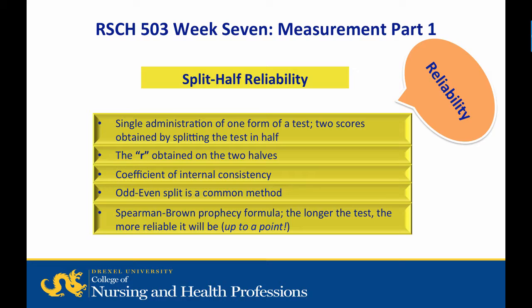This R is a correlation coefficient of internal consistency. The most common means of splitting a test or instrument is the odd-even method. A statistical technique called the Spearman-Brown formula can be applied with this method. Also, the longer the original test or instrument, the more reliable it will be, but again, only up to a point.